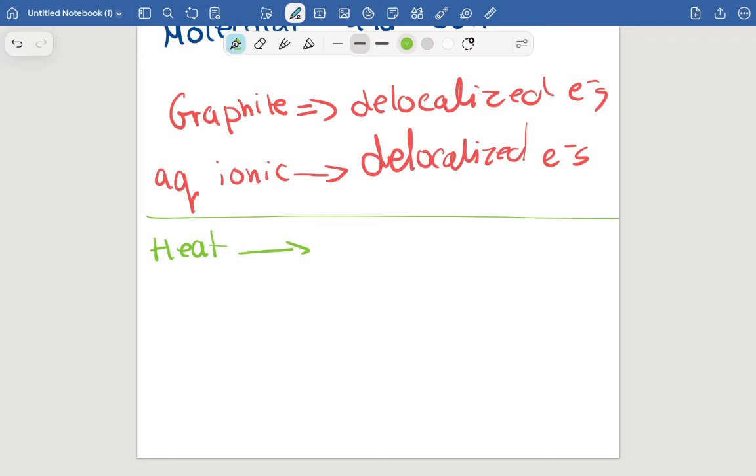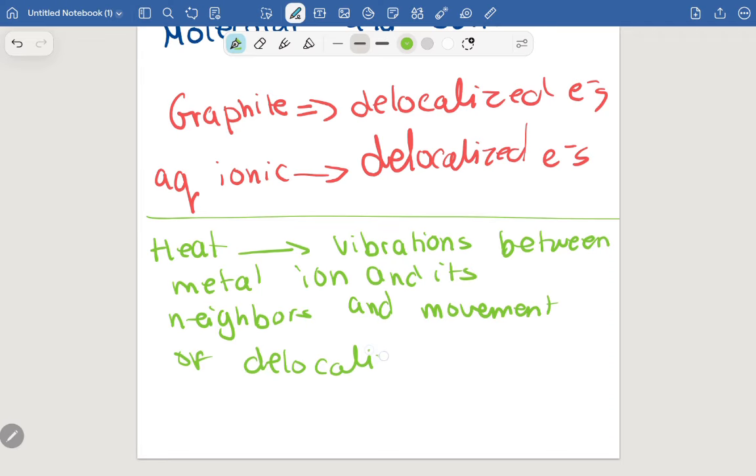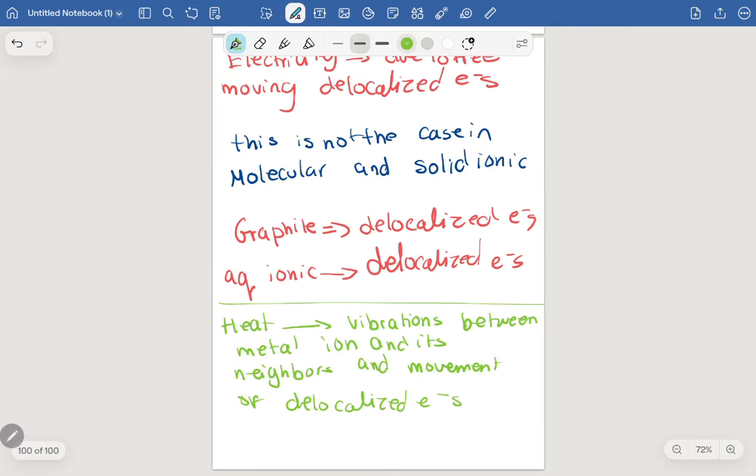So heat is conducted due to vibrations between a metal ion and its neighbors, and the movement of delocalized electrons. And just like that, we finished 3.2, which is about metallic bonding.